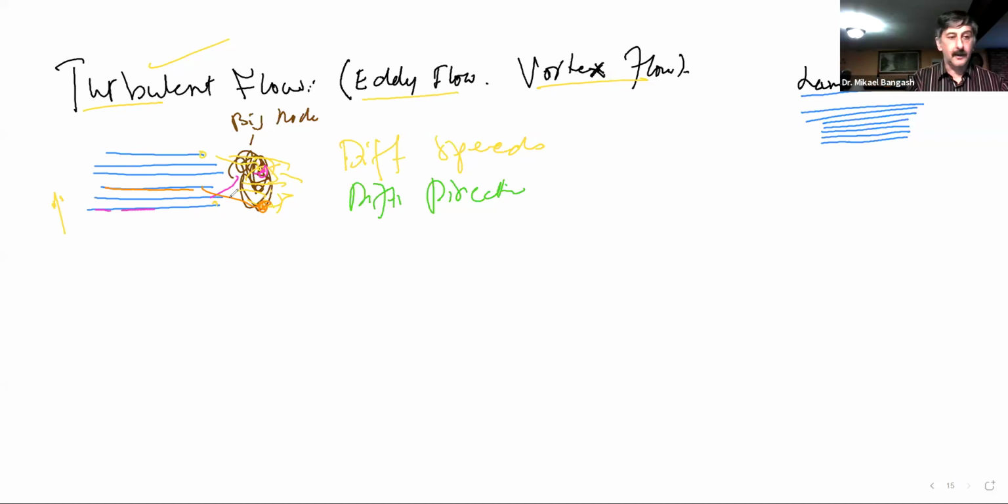Something that was flowing smoothly in this direction may be going like this, or if not, maybe just swirling around. That will be a turbulent flow.